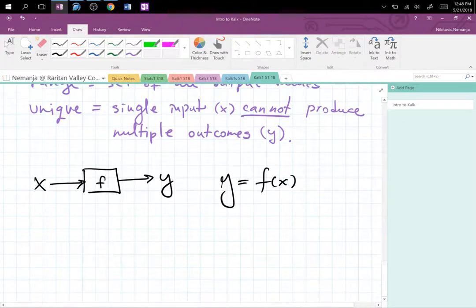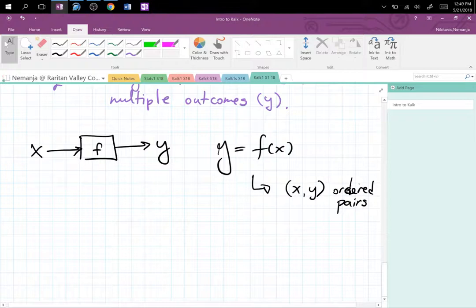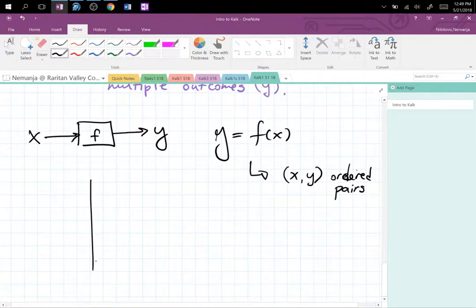An ordered pair is a point that you can graph, and then you can connect those dots into what we call a graph, and you have a graphical representation of your function. So these ultimately give you x, y ordered pairs. And those ordered pairs can go on the graph.